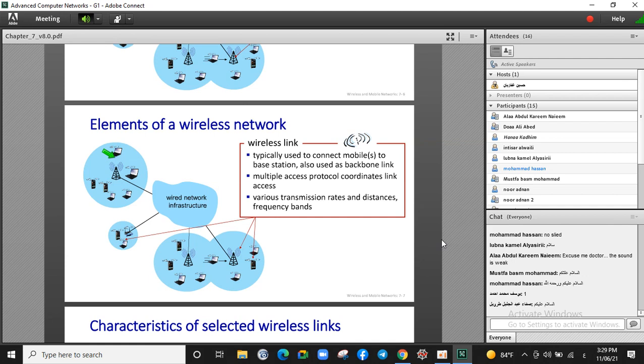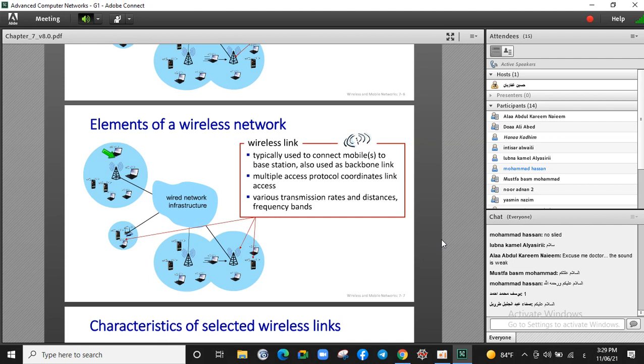And when we talk about a wireless link, we should be aware of the physical specification of the wireless link, because those physical specifications can affect the transmission rate of a wireless link.